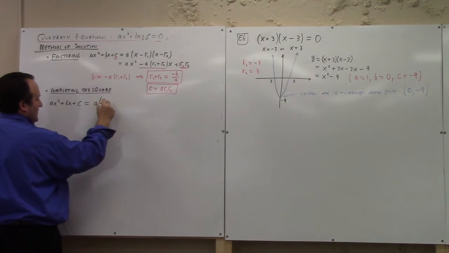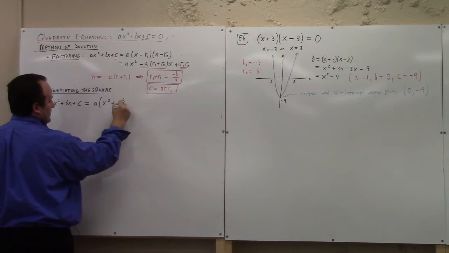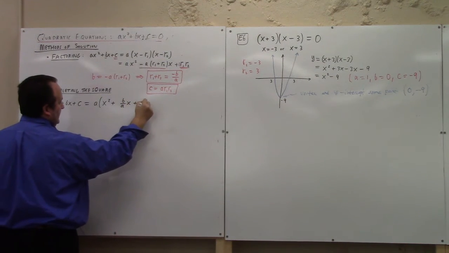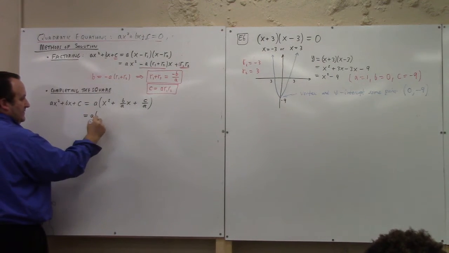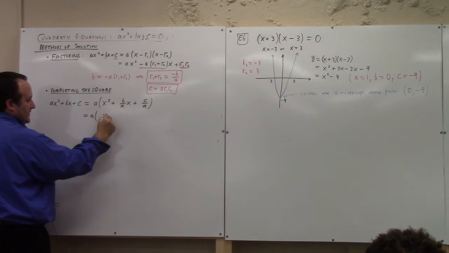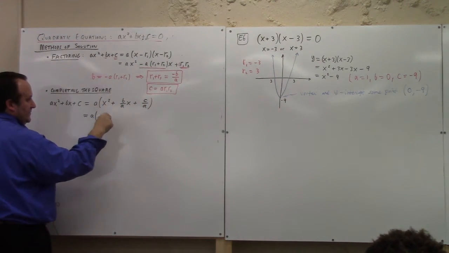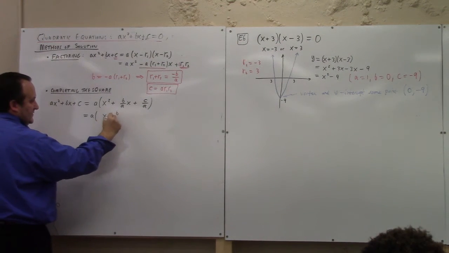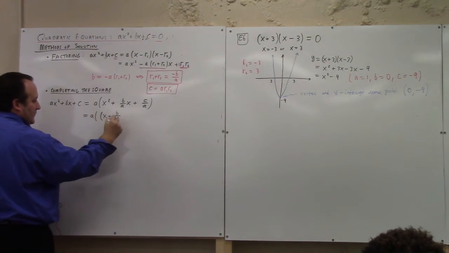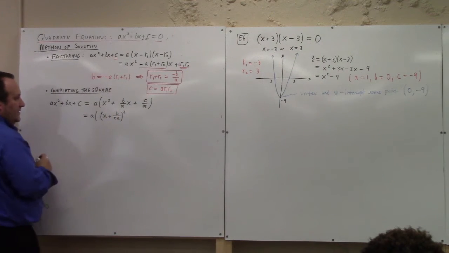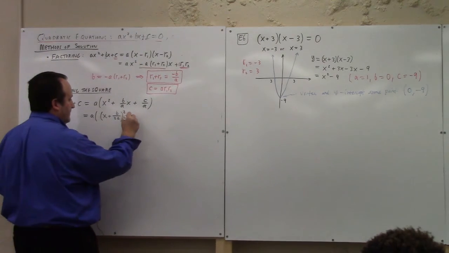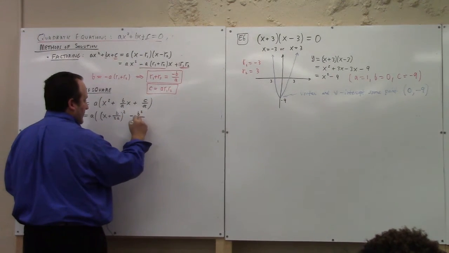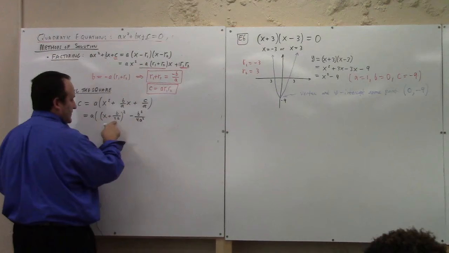So we do a times (x squared plus b over a x plus c over a). Then I complete the square, so I've got a times (x plus half of that term. So that's b over 2a) quantity squared. I'm completing the square. To be fair, I have to subtract b squared over 4a squared, right? Because that's the square of this.